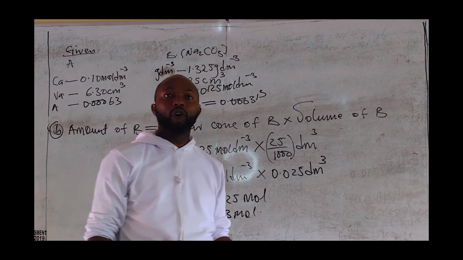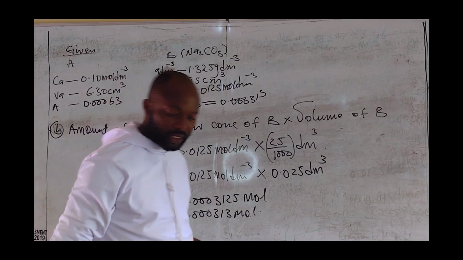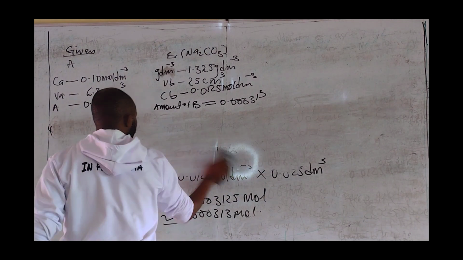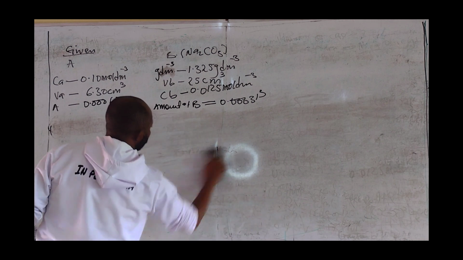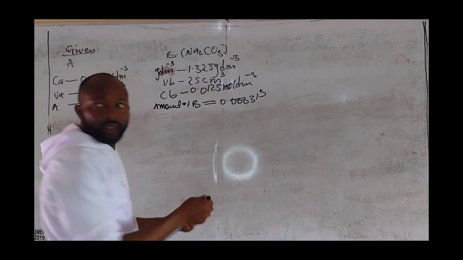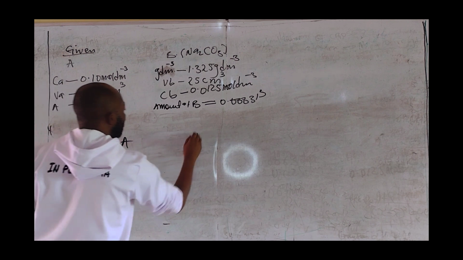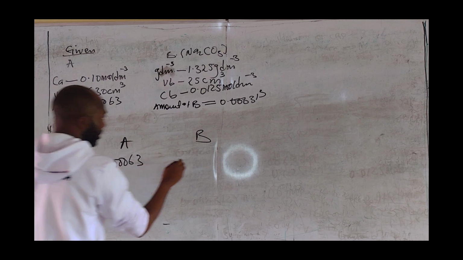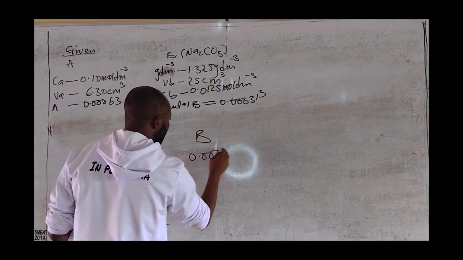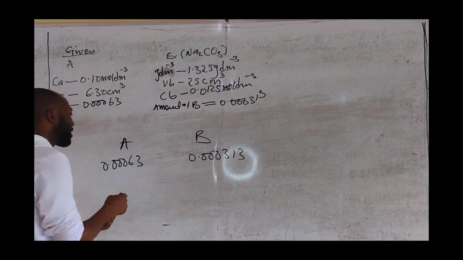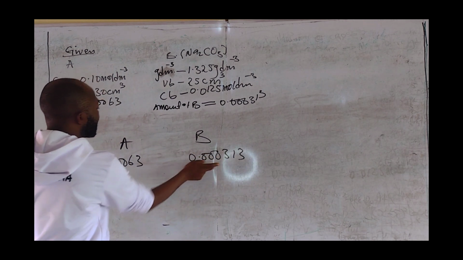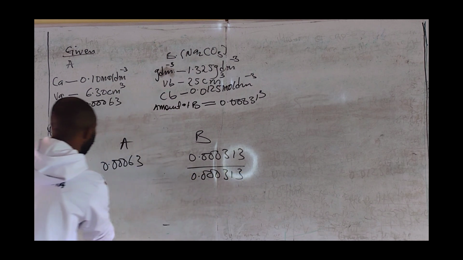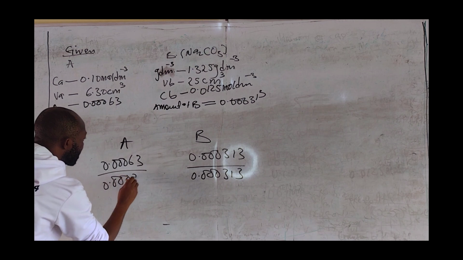So the next thing it says is the mole ratio of acid to base. So I can take out this and bring that in. This is my acid and this is my base. Acid is 0.00063. This is 0.000313. So how do we get that? We divide by the lowest, which is 0.000313.